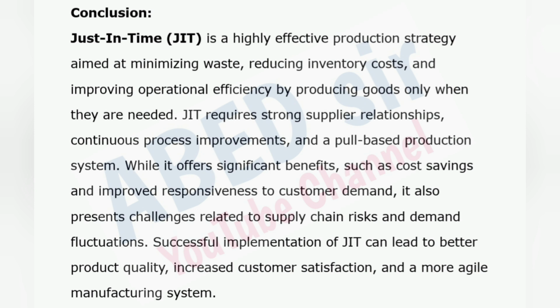While it offers significant benefits, such as cost savings and improved responsiveness to customer demand, it also presents challenges related to supply chain risks and demand fluctuations. Successful implementation of JIT can lead to better product quality, increased customer satisfaction, and a more agile manufacturing system.